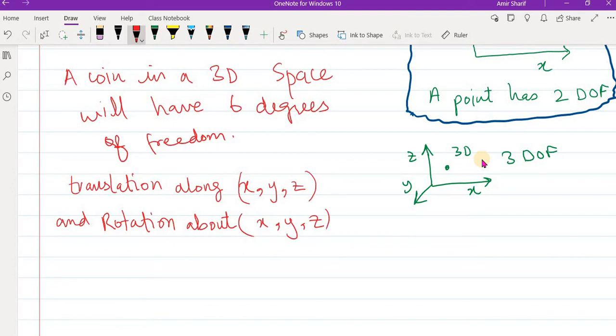The rotation can be described as theta, alpha and beta.